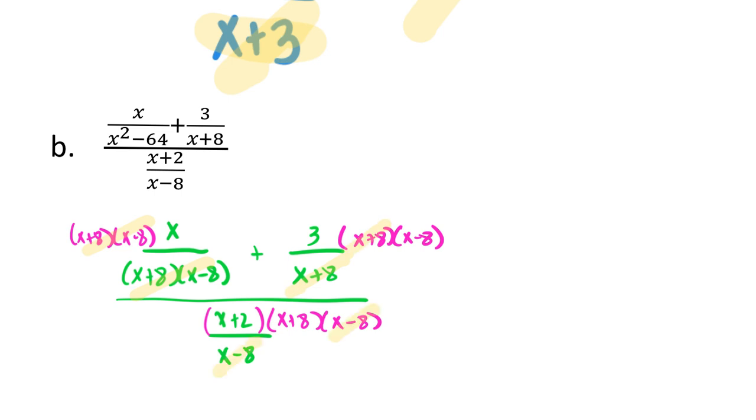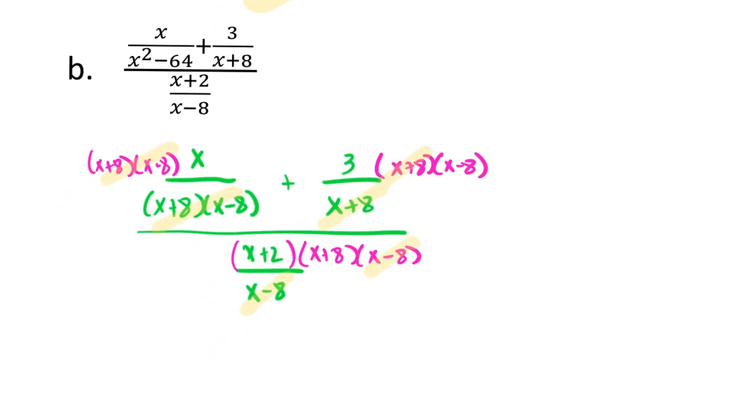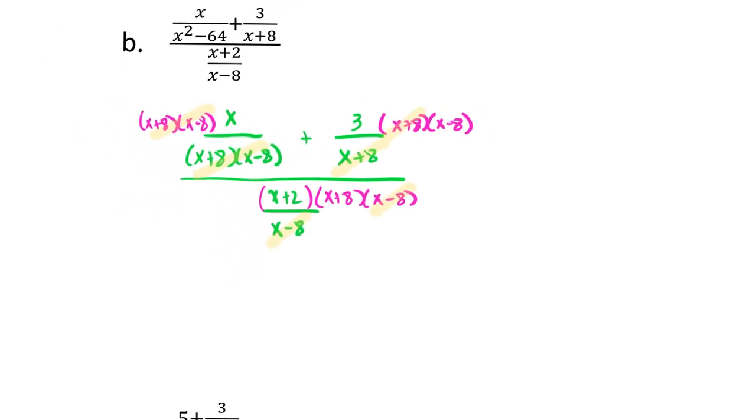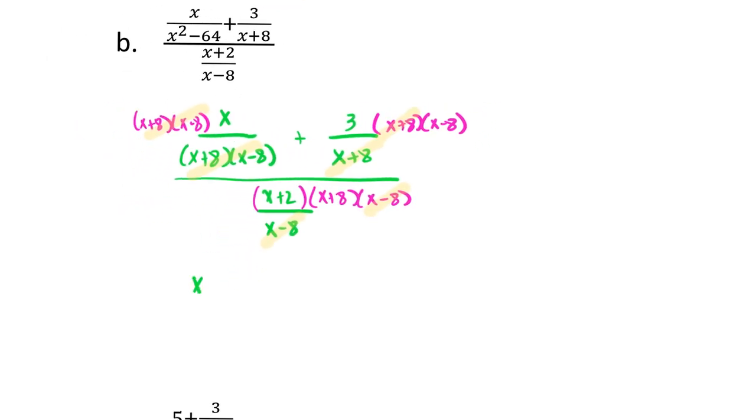And the x minus 8's cancel. From there, let's rewrite what we have. So the x in that first fraction is all that is left over. In my second fraction, I have a 3 times an x minus 8. And in my denominator, I have x plus 2 times x minus 8, or x plus 8.